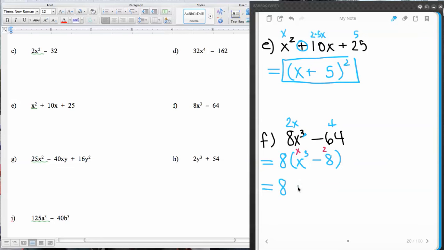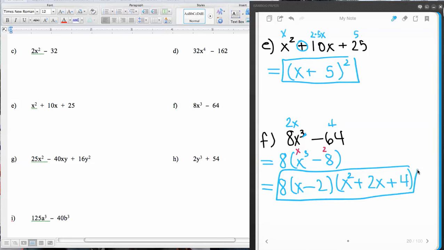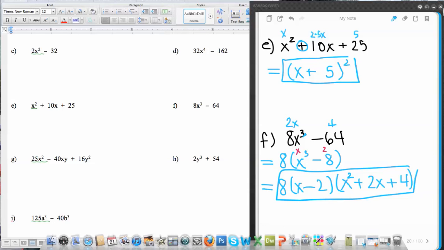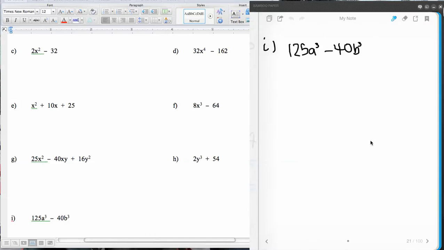So we write down our GCF, and then a binomial with those cube roots, and then square the first one, product of the two roots, always plus, square of the second one, and then this sign goes in the middle, and the opposite of that one goes in our trinomial. And so there's our roots there. All right, now moving on to the next one.